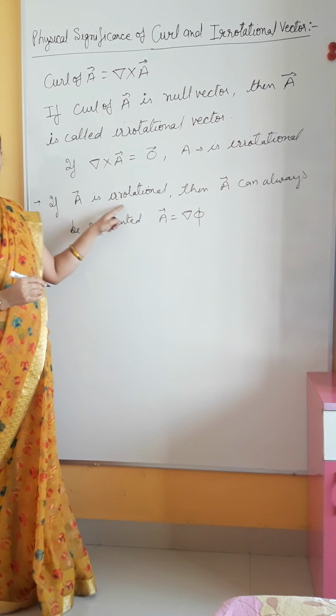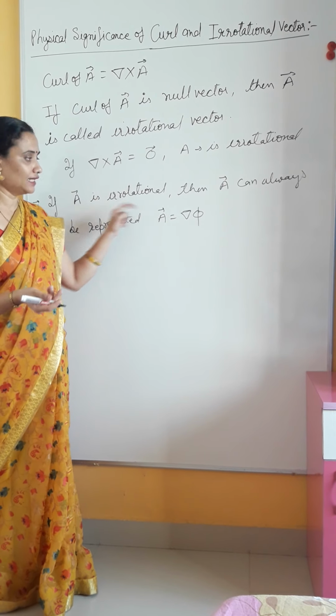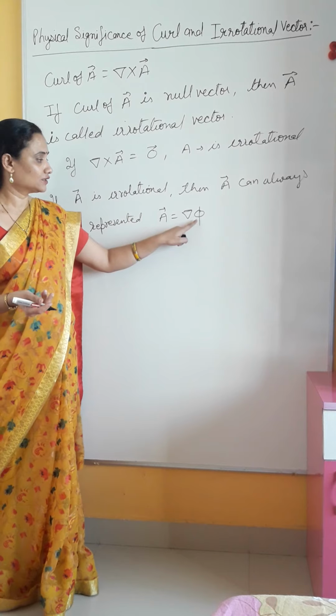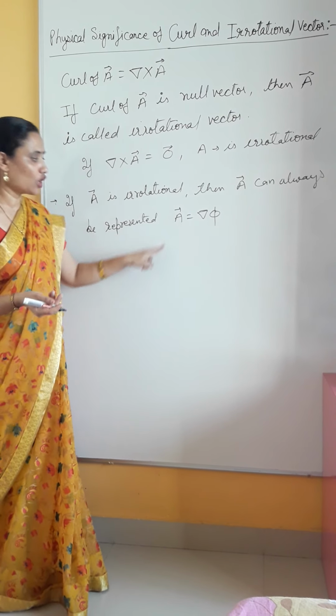If A is irrotational, then there exists a scalar function for this A, such that A can be written as grad phi. So this phi is known as scalar potential of A.